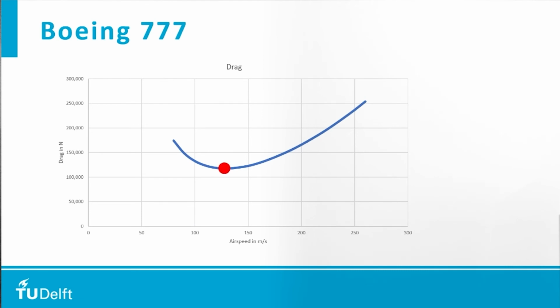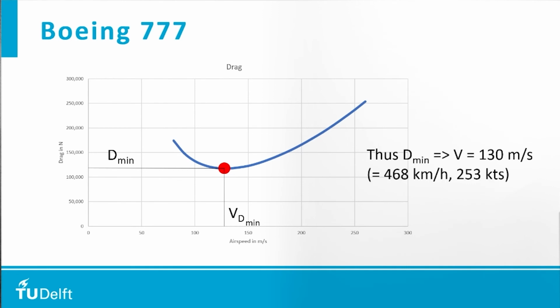And that's the point where the red dot is. If you have found that red dot, you can read the value for the drag, and you can also find the value for the airspeed that belongs to that. So what we need to tell the pilot, when you need to fly maximum lift to drag ratio, you need to fly at an airspeed of 130 meters per second, or 468 kilometers per hour, or 253 knots. And that is the point where the pilot needs to fly.